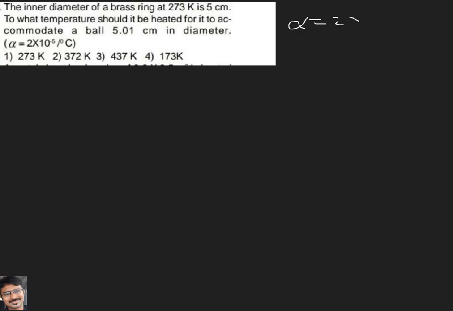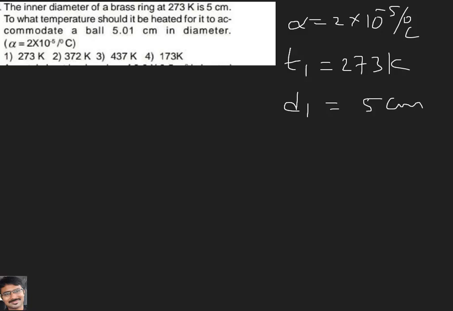Alpha is equal to 2 into 10 power minus 5 per degree centigrade. The initial temperature, let me take in Kelvin, no problem, T1 is 273 Kelvin. Initial diameter is 5 centimeters, and final diameter is 5.01 centimeter.